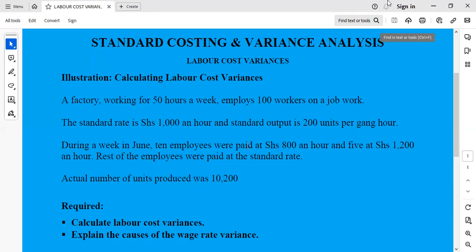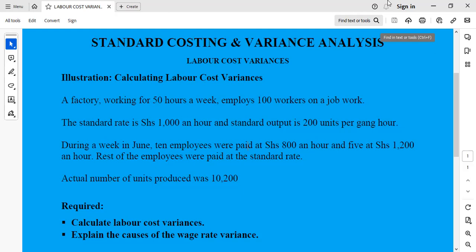The standard rate is shillings 1,000 an hour, and the standard output is 200 units per gang hour. During a week in June, 10 employees were paid at shillings 800 an hour, 5 at shillings 1,200 an hour. The rest of the employees were paid at the standard rate.